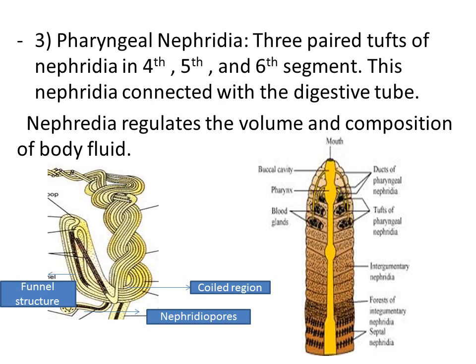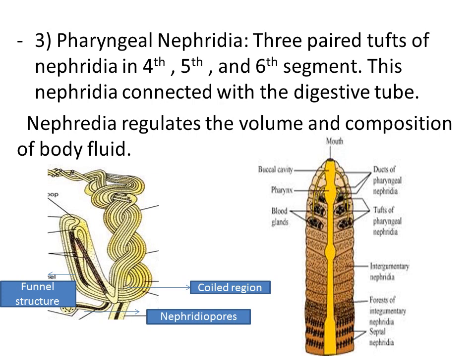So this is how the nephridia work in the earthworm. Without nephridia, it is very difficult to eliminate the waste material present in the blood, right? So nephridia always regulate the volume as well as the composition of body fluid in the earthworm, right?